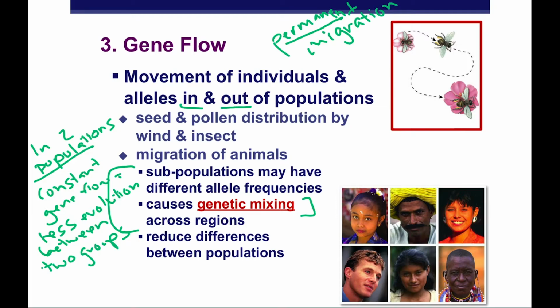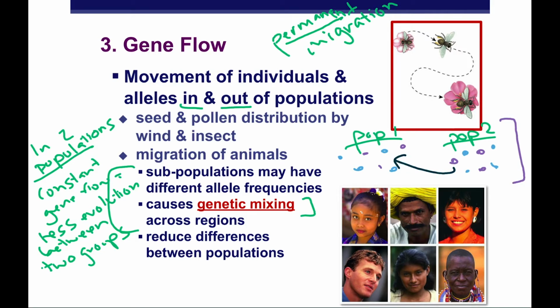So I'll do a quick sketch of that. Let's say we have these two populations, okay? If this individual leaves and goes to the other side, that's going to completely change the gene frequency on both ends, okay? So now population 2 has a really high dominance of the blue trait, while population 1 has equal representation of the purple and blue trait for this given gene.